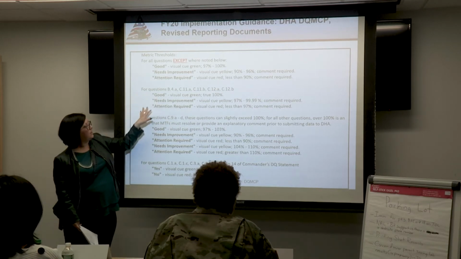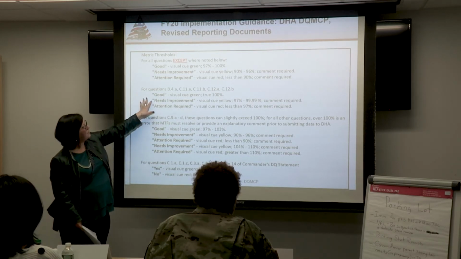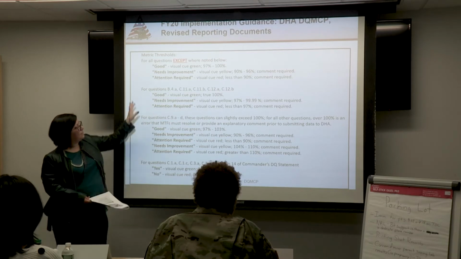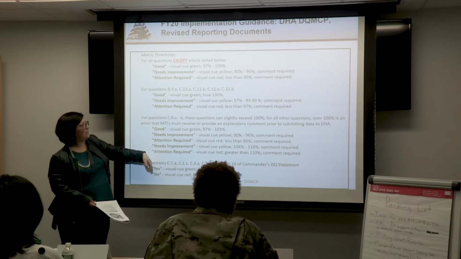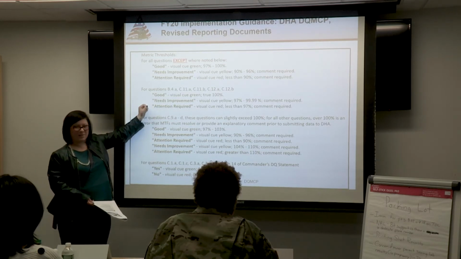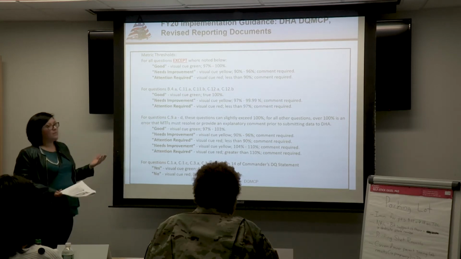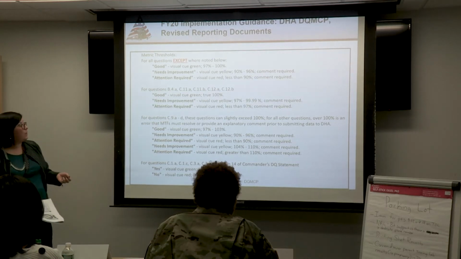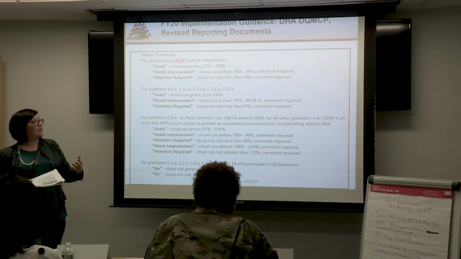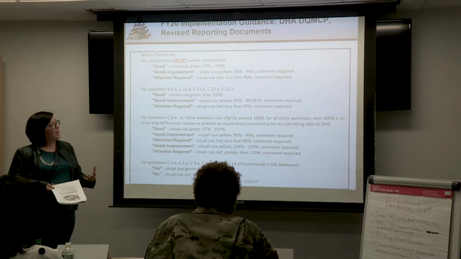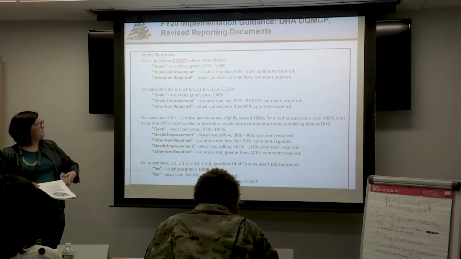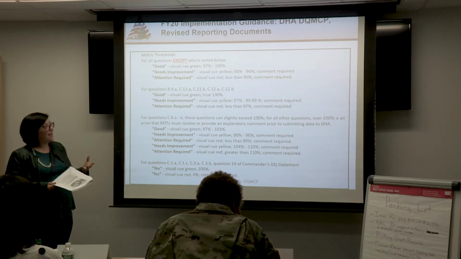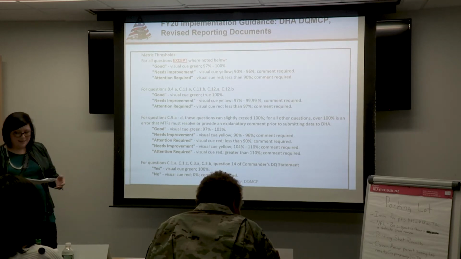So these particular questions on our data quality statement, as you can see here, are laid out a little bit differently. They're set up differently. To get green, you have to make 100% for questions B4, C11, C11B, C12A, and C12B. To get yellow, you need 97 to 99.